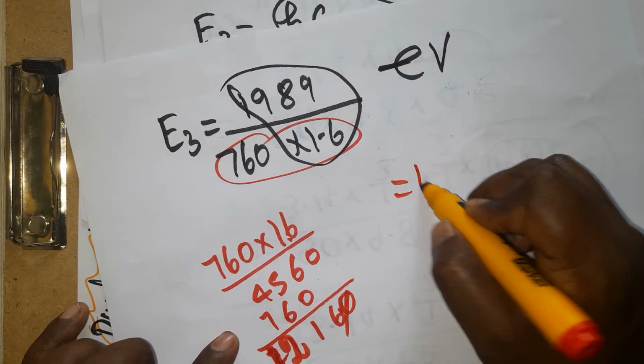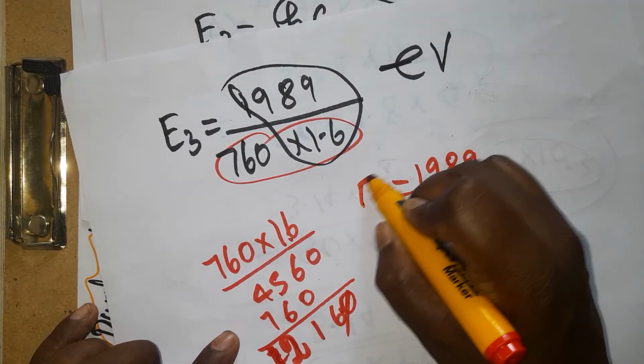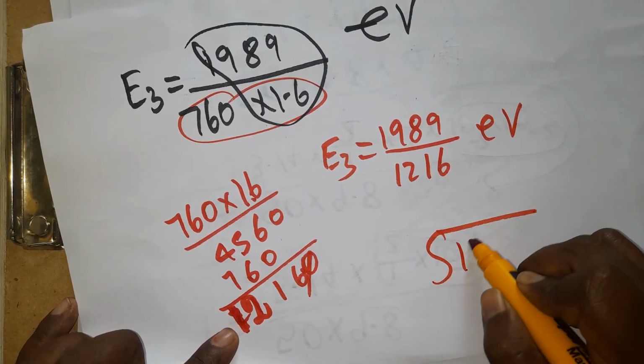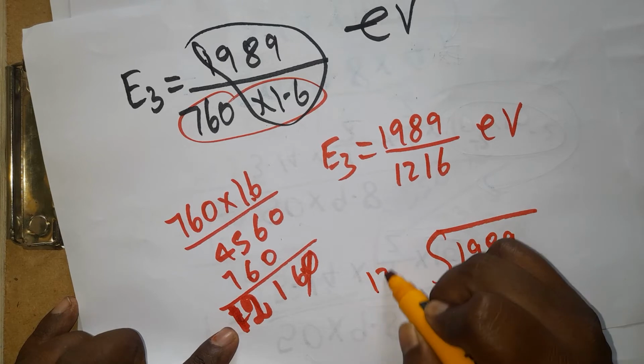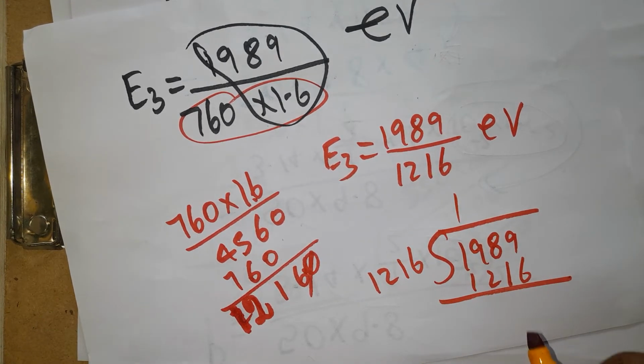Now the numerator is 1989, the denominator is 1216, okay, this is called E3, unit will be in eV. Now division, 1989 by 1216 as one time, just a multiplication only, you can easily do this kind of calculation, okay.